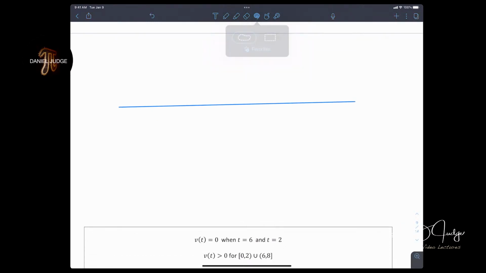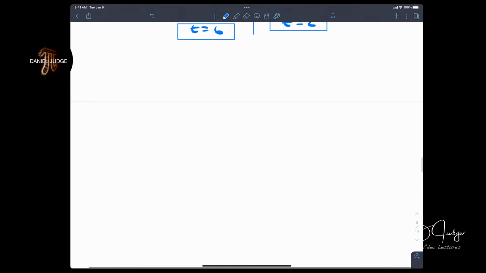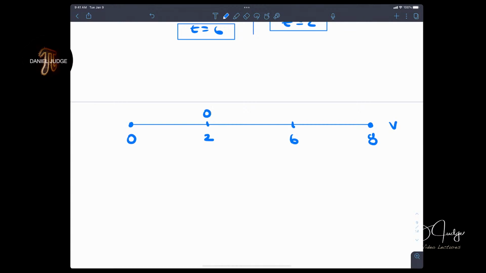Okay, so we're going to do some sign analysis here now. I guess we'll do it right here. Now I'm going to say here t is from 0 to 8. So this is where 0 starts, and this is 8. This is for the velocity. We know at 2 seconds and at 6 seconds, the velocity is 0.